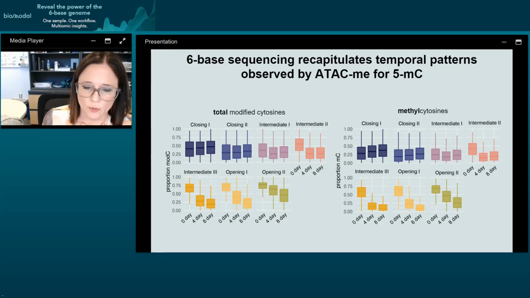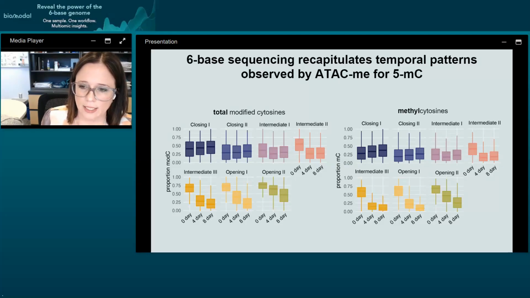And overall, when we look at the different groups of accessibility regions that change, that we defined with our ATAC-Me data, what we observe in terms of overall methylcytosine dynamics is that those dynamics track very, very well with one another for the corresponding time points. So in regions where accessibility is closing, you don't really see a lot of changes in methylation.